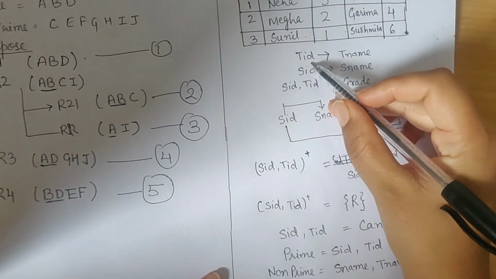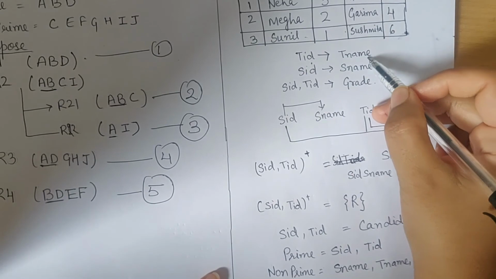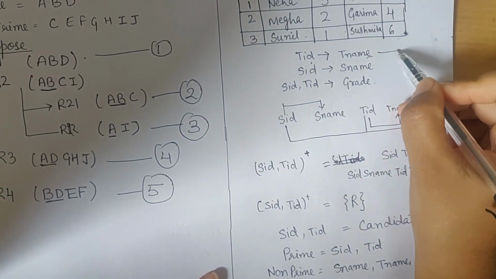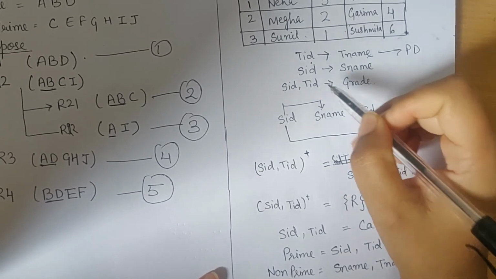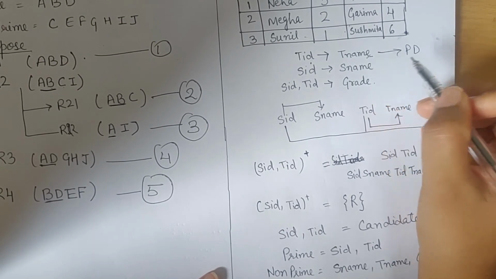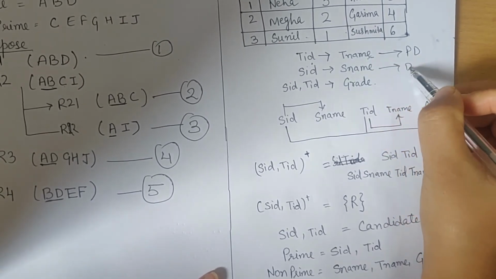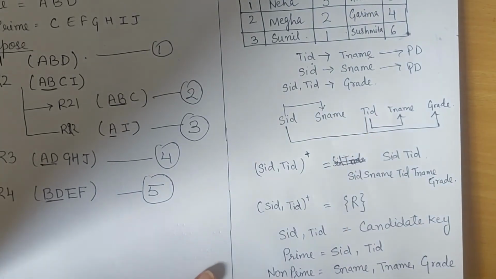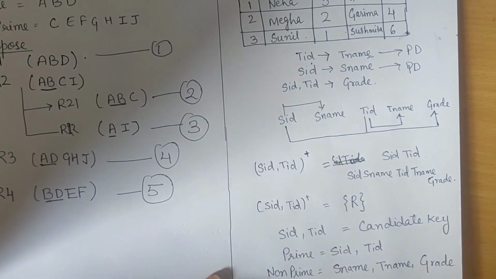So TID alone without SID determines TName, which is a non-prime attribute, so this is a partial functional dependency. SID alone determines SName, so this is also a partial functional dependency. SID, TID together determines grade. Here there is no problem.